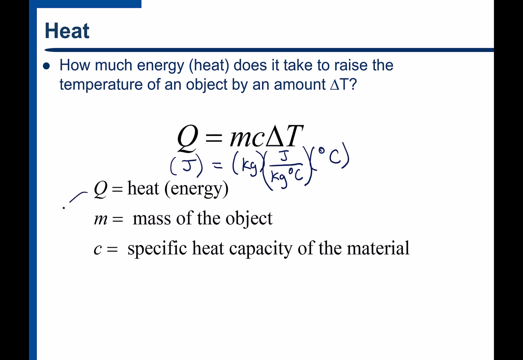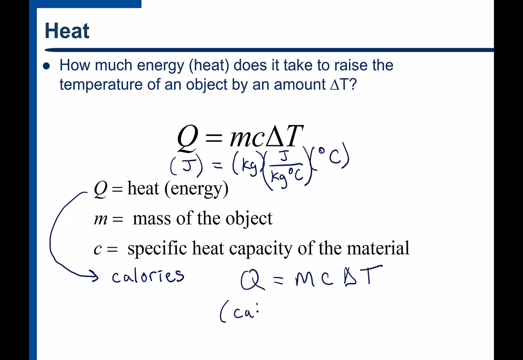I just want to note that a lot of problems involving heat often use calories instead of joules, and we talked about the unit of the calorie in our last video as well. If we were to rewrite that equation, Q equals mc delta T, often you would find that calories would be used as the unit for heat. Oftentimes, instead of kilograms, grams are used.